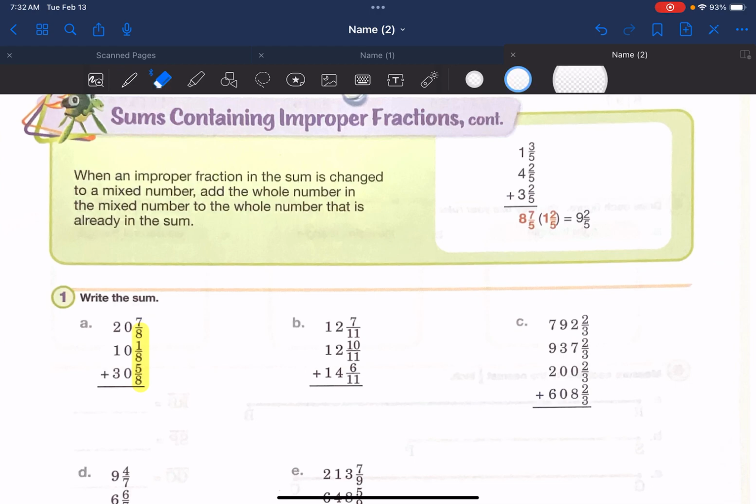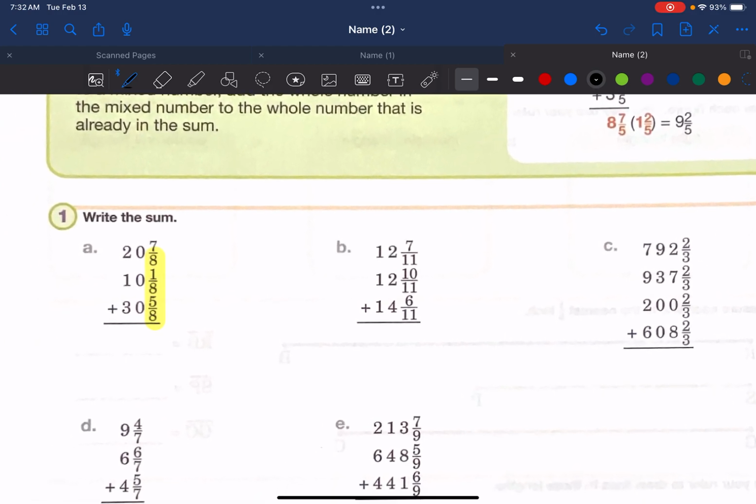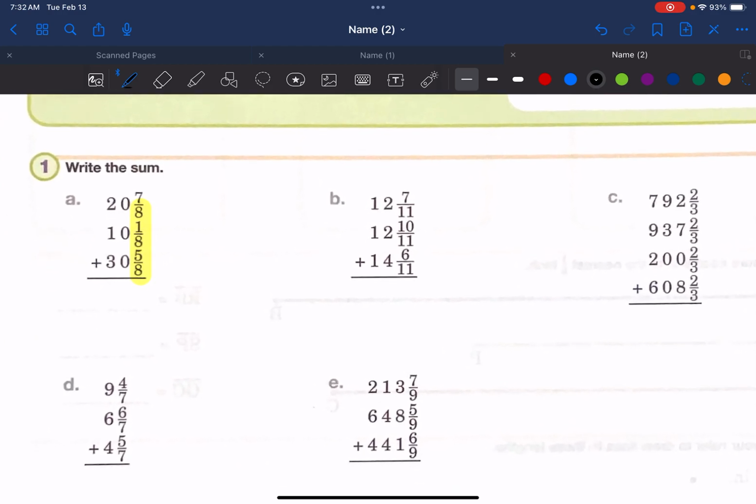Okay, so we start with our fractions, and they still have the common denominator, so that's still the same. So we're going to do 7 plus 1, which is 8, plus 5. So I have 13 eighths. Okay, so I'm going to show you two ways you can do this.